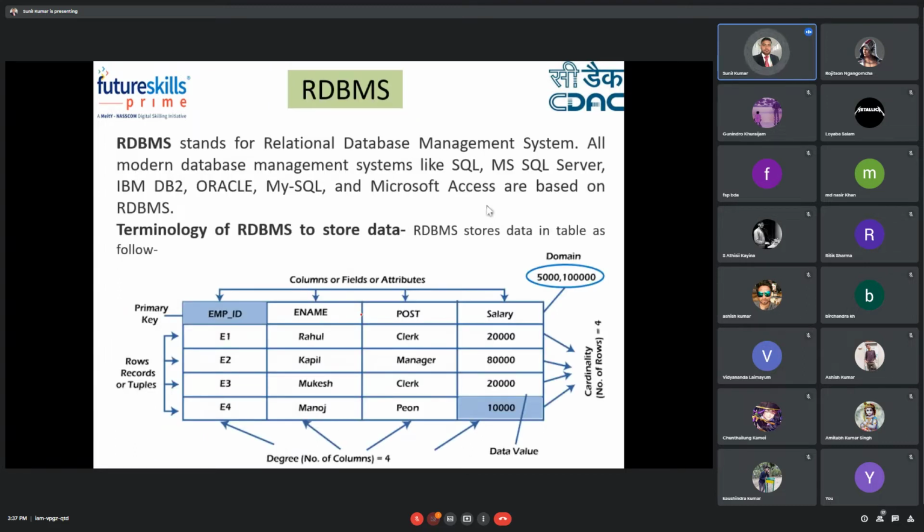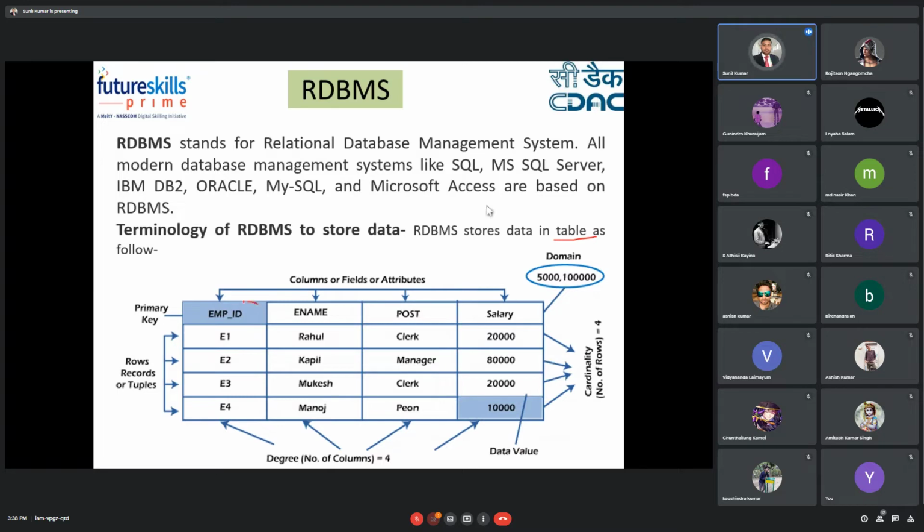Now RDBMS I have already explained, but it is again part of the data model. RDBMS stands for relational database management system. Basically, it has various tools that we can use to create RDBMS data. It stores data in the form of tables, and this is the basic terminology of tables.